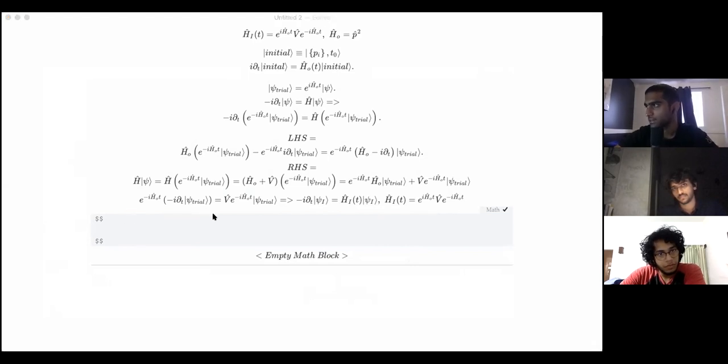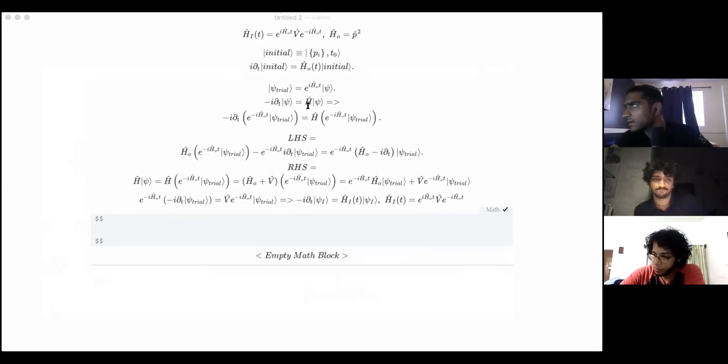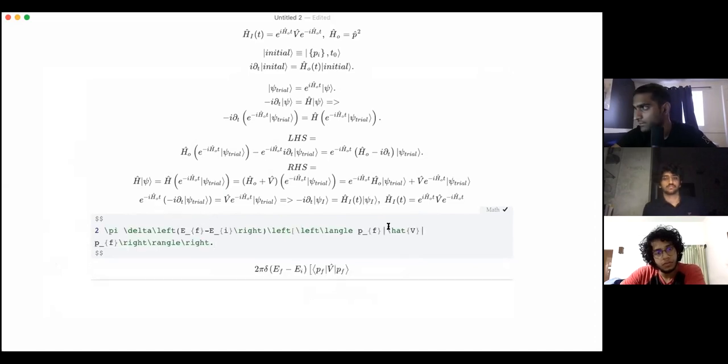I had some expression here. I'm just going to steal the LaTeX equivalent of it. Something like this. Where could this come from?